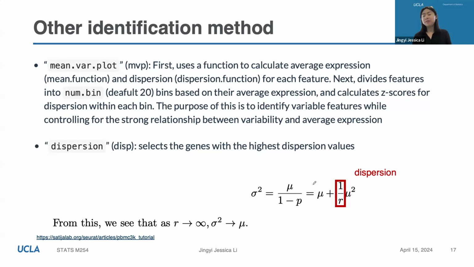The mean and variance are equal. When the dispersion is positive and large, you have more over-dispersion. So it controls the degree of over-dispersion. And the reason why these two selection methods focus on dispersion is that they don't care about the mean. You want to care about the degree of over-dispersion.